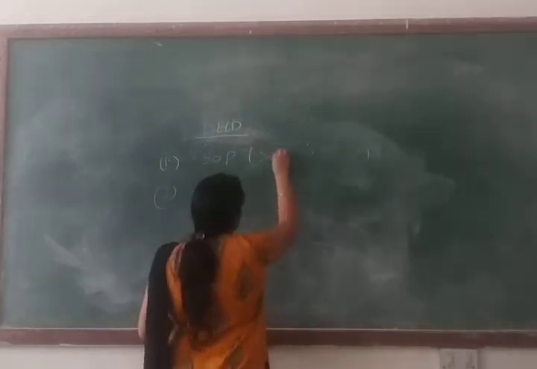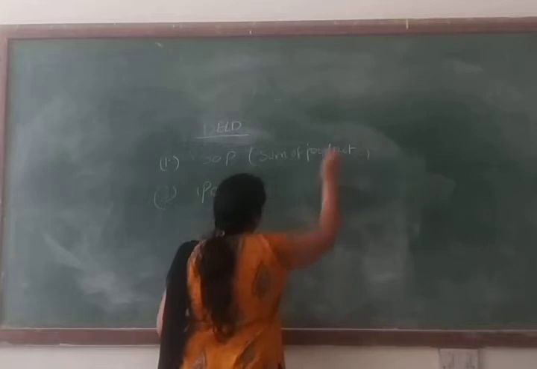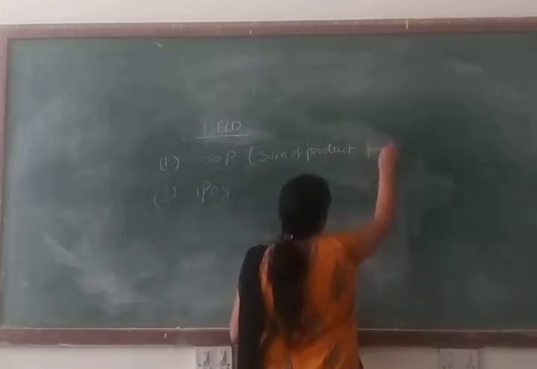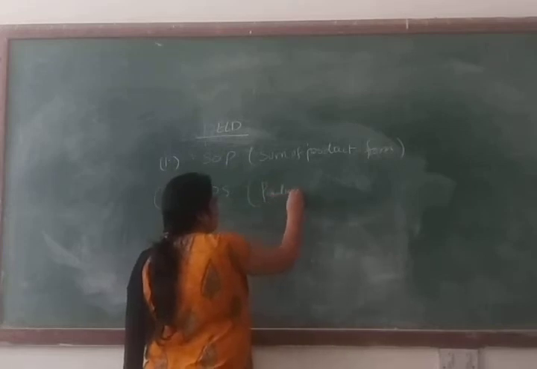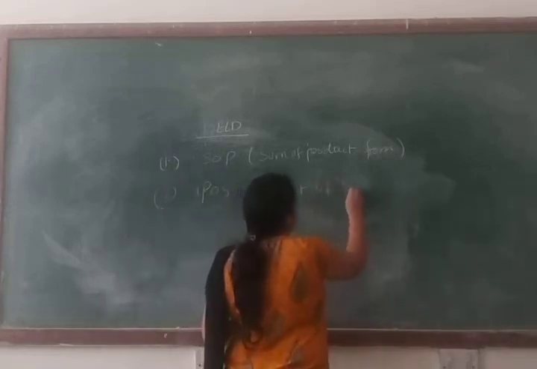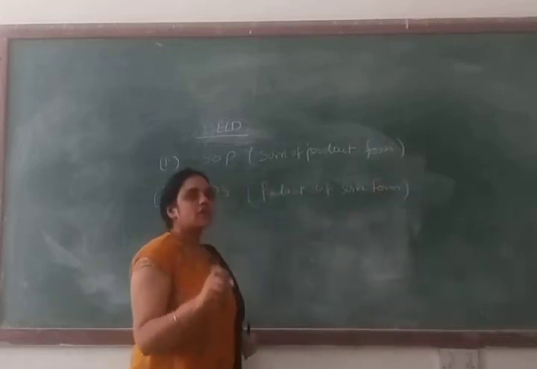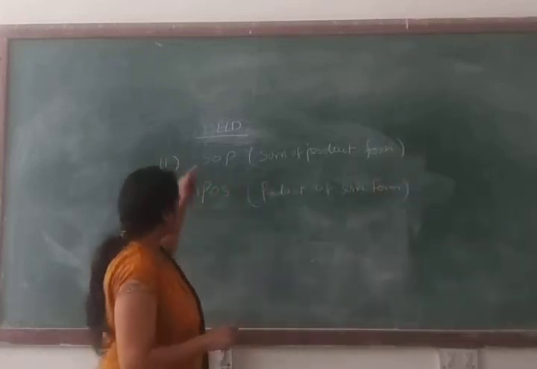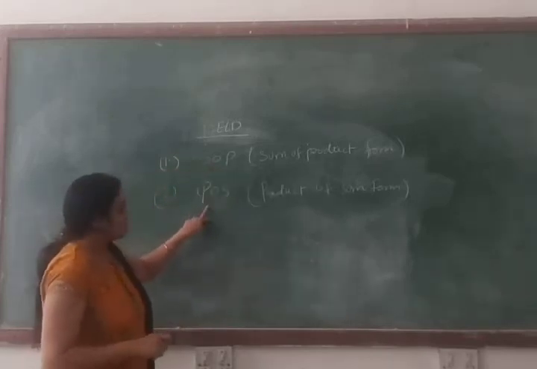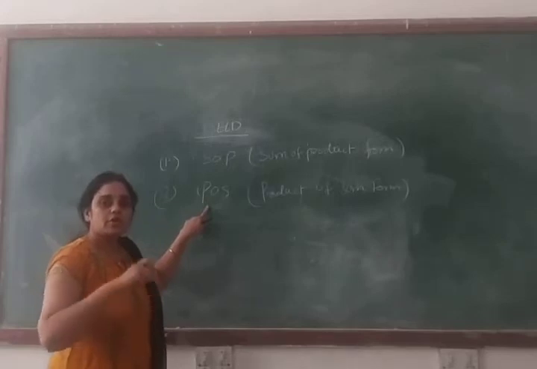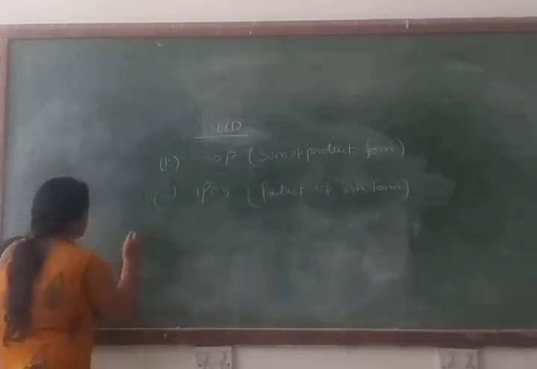SOP is the sum of product form, and the second one is POS, the product of sum form. So basically, you can represent your logical expression in two ways. First one is SOP, the sum of product form, and second one is POS, the product of sum form. We will take one example for expression in SOP.